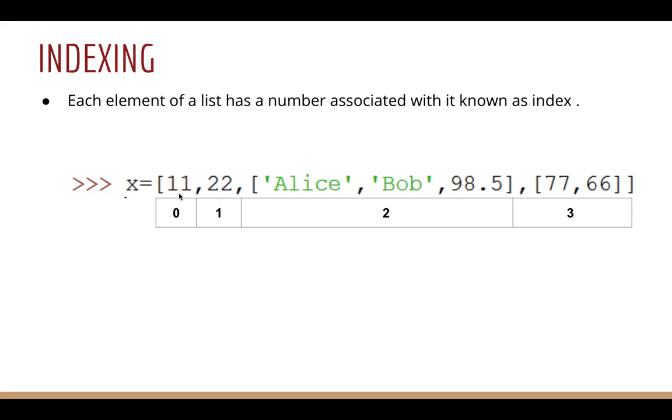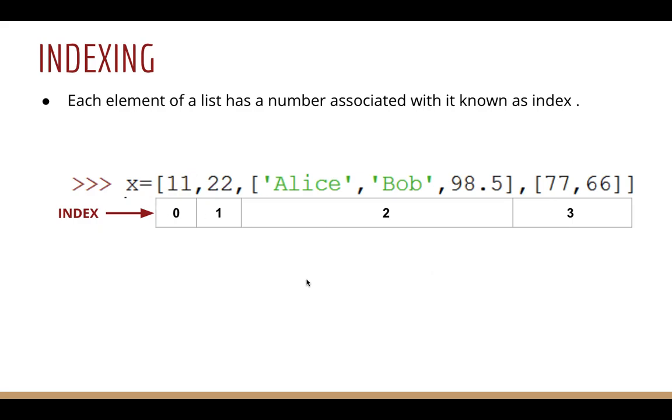So the index of 11 is 0 since it is an individual item. Index of 22 is 1. Elise, Bob and 98.5, these 3 elements have the same index 2, and the index of the last list, that is a nested list, is 3. 77 and 66 both have the index 3.